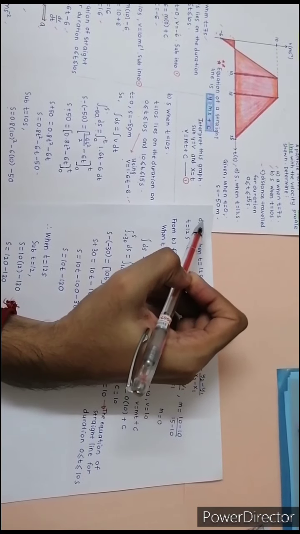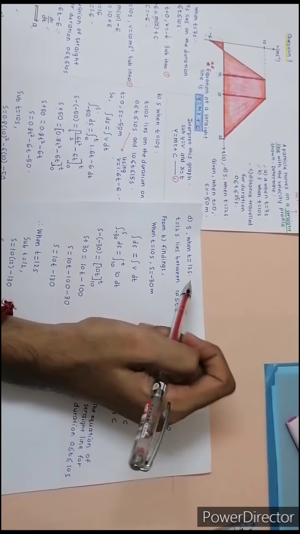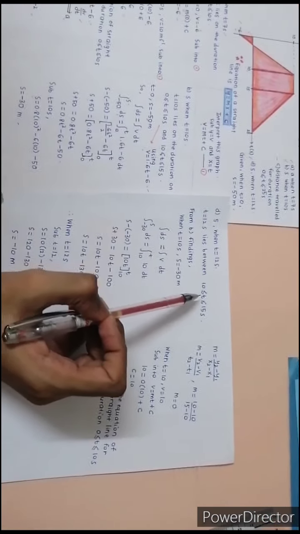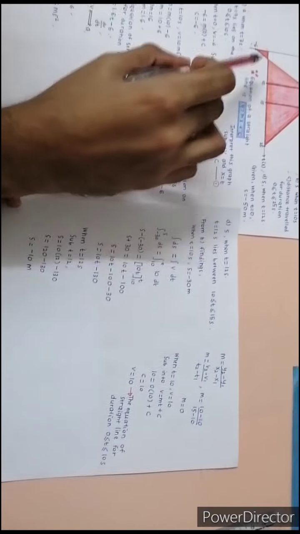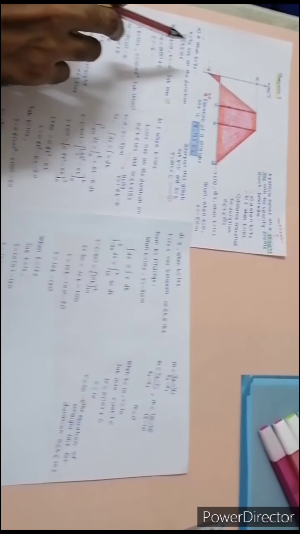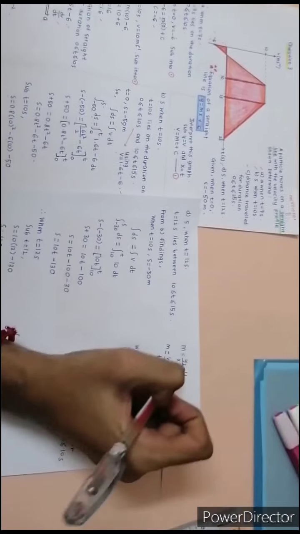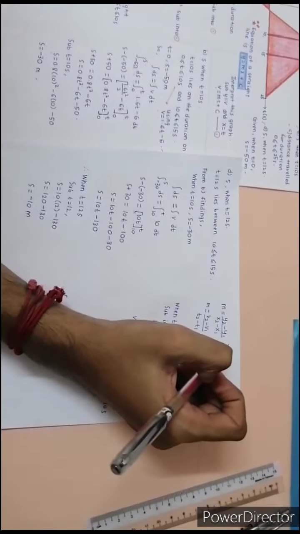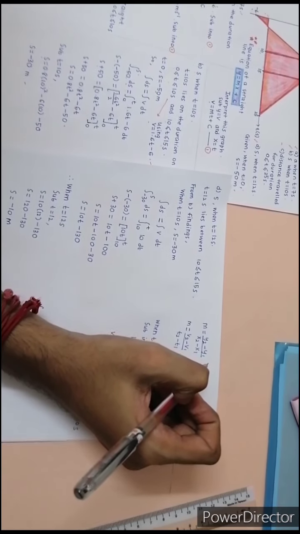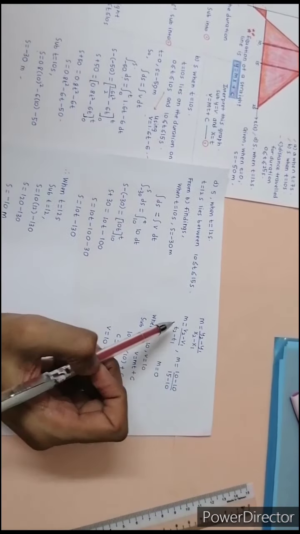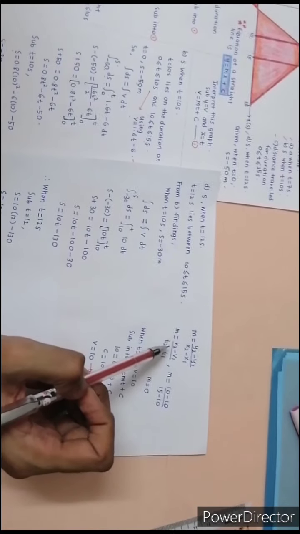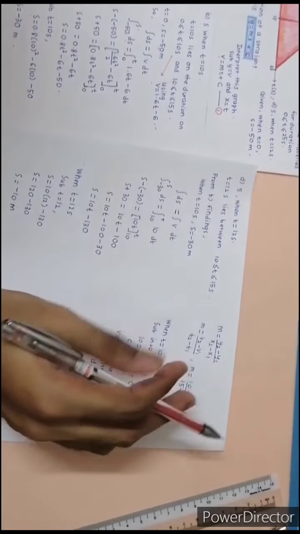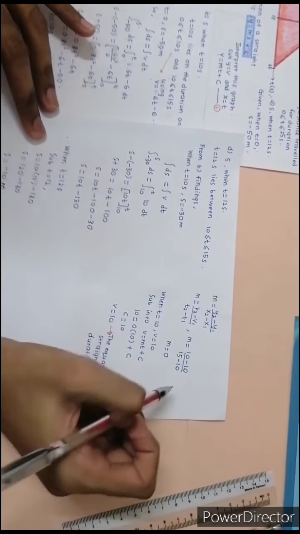So as for d, we need to find the displacement when t equals 12 seconds. t equals 12 seconds lies between 10 to 15 seconds on the graph, as you can see. For finding the gradient, using the formula y2 minus y1 over x2 minus x1, we get m equals v2 minus v1 over t2 minus t1 for this graph.